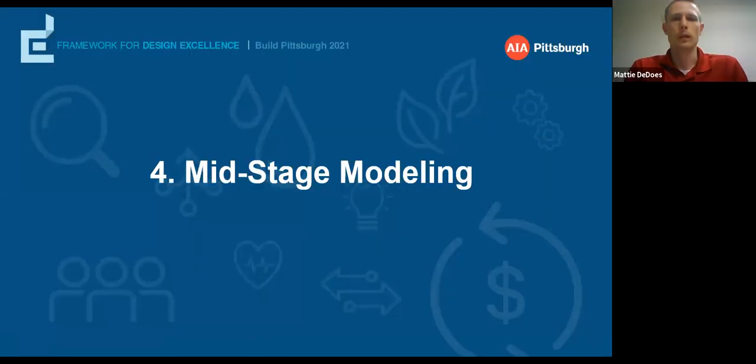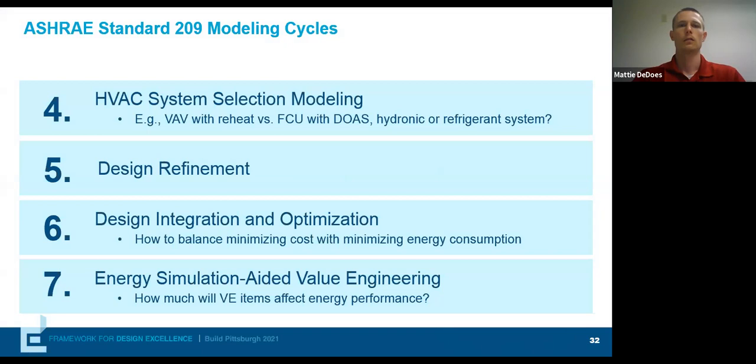So moving to the mid stage, this happens more in the DD and CD phases of our project, and we're trying to take what we learned from the early stage modeling and now test more specific options. So we've grouped these 4 modeling cycles into the mid stage. We can look at our HVAC selection, where we compare different types of HVAC systems.